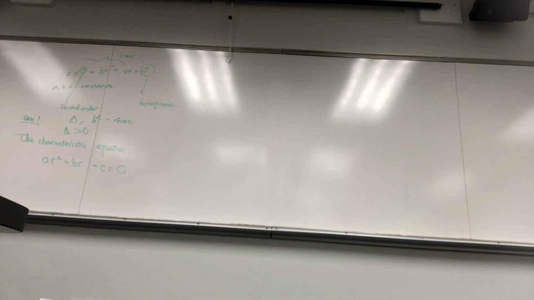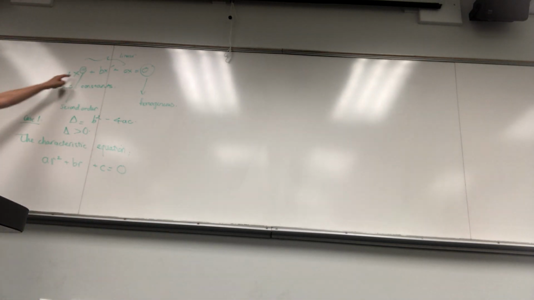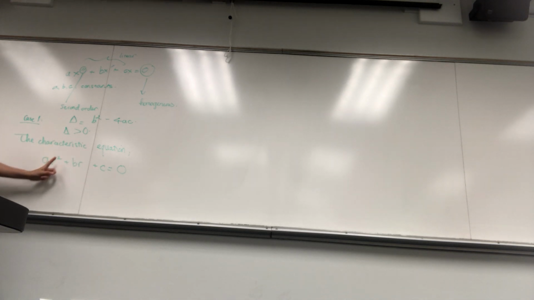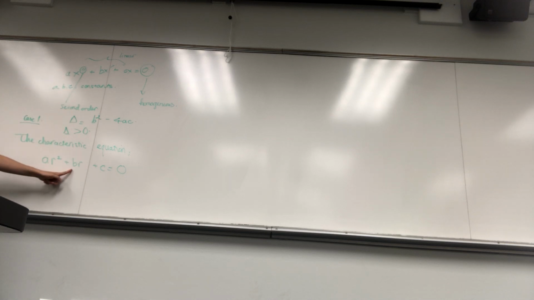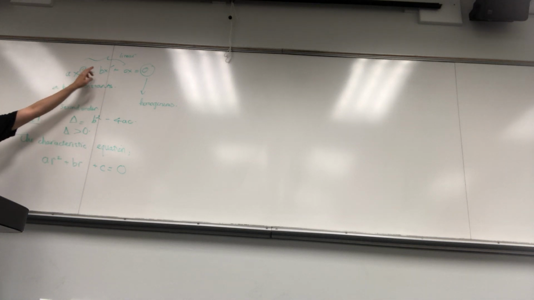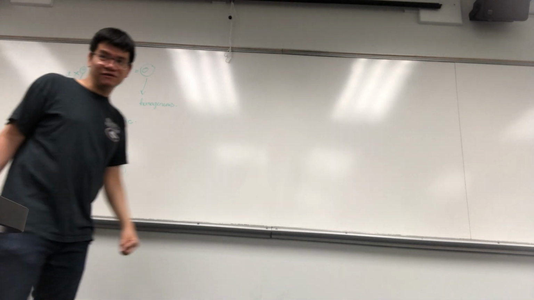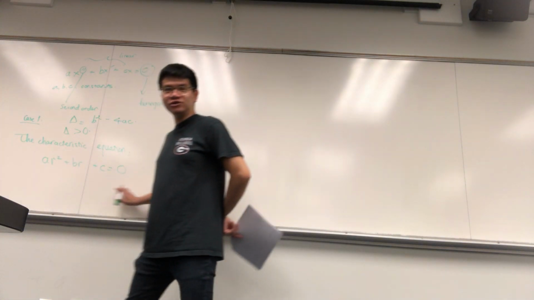How can you write the characteristic equation? You put a, b, c from here down there, and you associate a with r squared because a is the constant of the second order derivative, and b is associated to r because b is the coefficient of the first order derivative, and c is a constant because it doesn't have a derivative. So this is the characteristic equation.